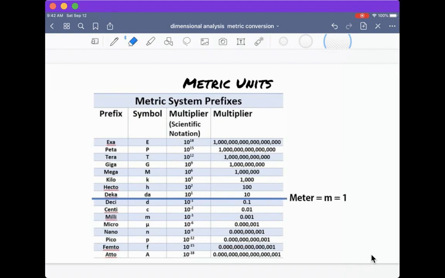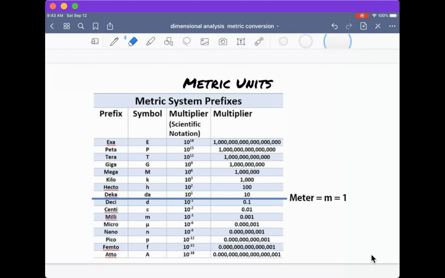All right, when you're converting with the metric units, you're going to need to become very familiar with using a metric unit conversion chart. There's a bunch of them out there. You can Google metric unit conversion chart, and they're arranged differently with more or less information, but basically it's going to tell you the same information.